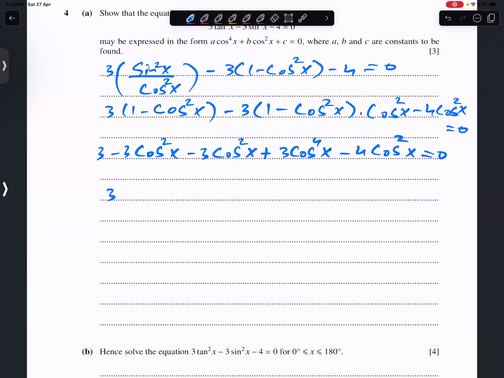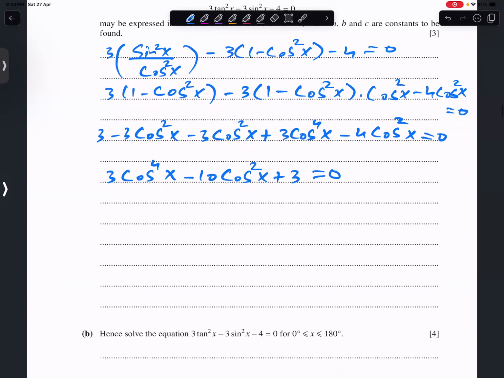So 3 cos^4 x minus 10 cos square x plus 3 equal to 0. So this is the required form.